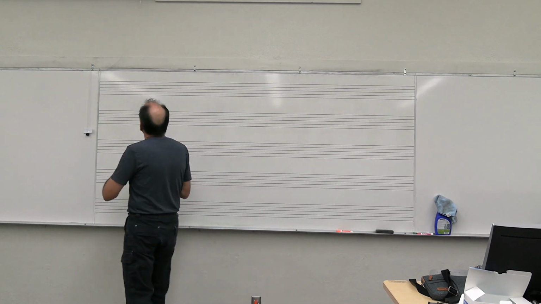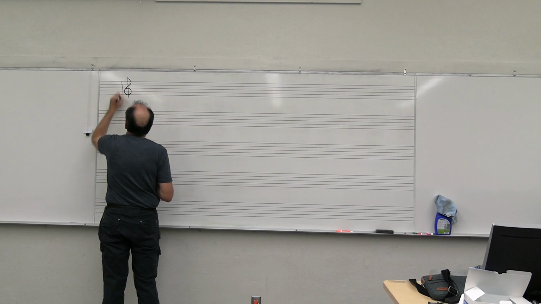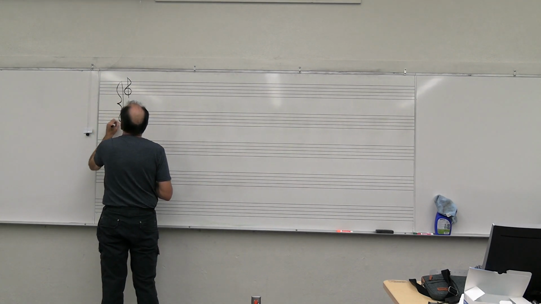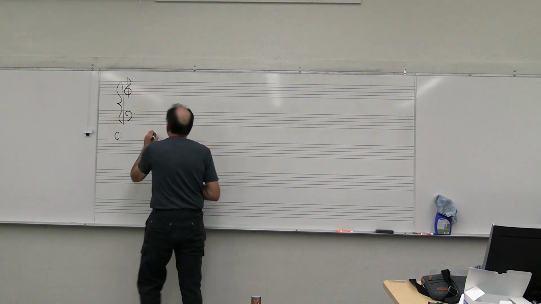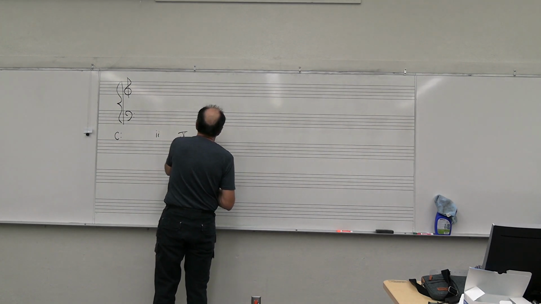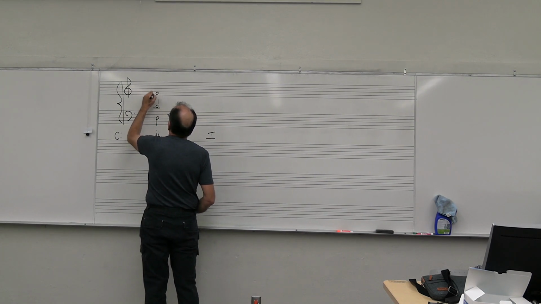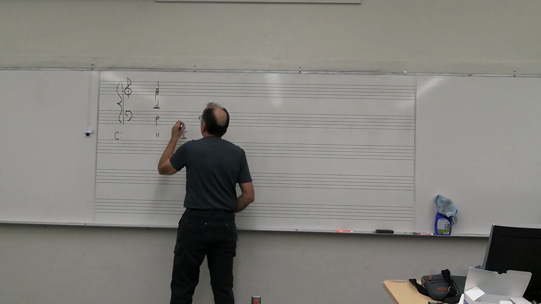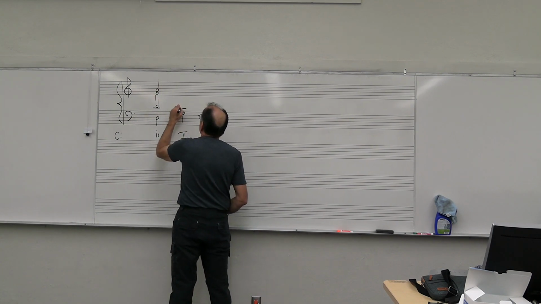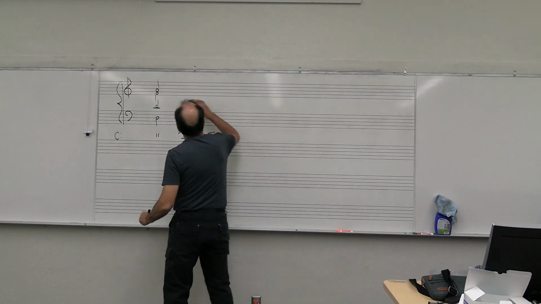Let me rewrite that out. I can write the progression 2 to 5 to 1, and that would look something like this.